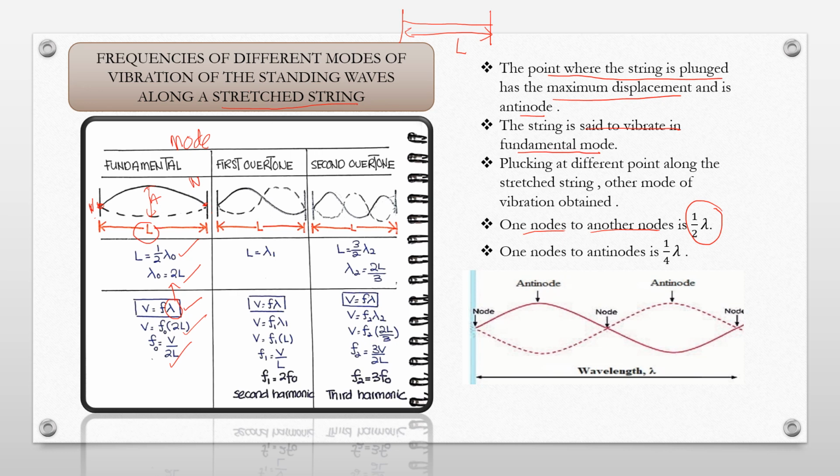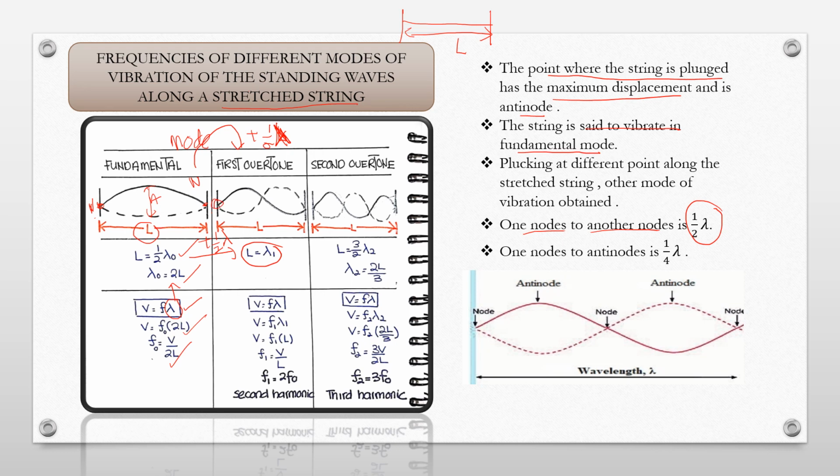After that, from the fundamental mode to the first overtone, we add another half lambda. So from half lambda, we add another half lambda and we get L equals lambda.